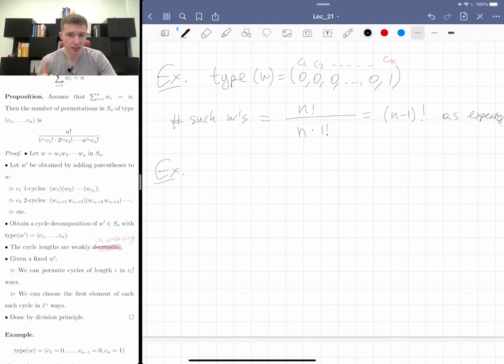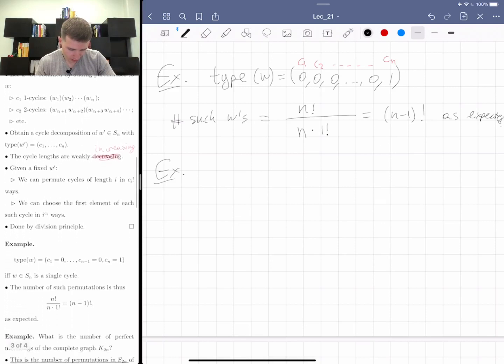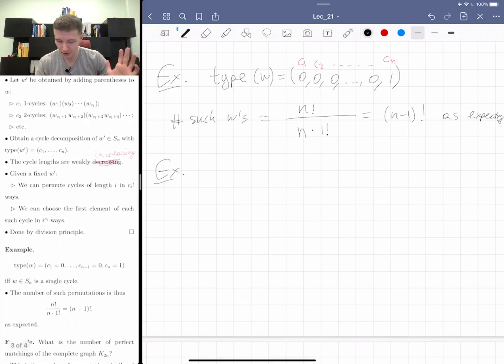Now the next example is actually much more interesting. Here's the next example, which, if you know about graph theory, which I think is one of the prerequisites, has a nice interpretation.